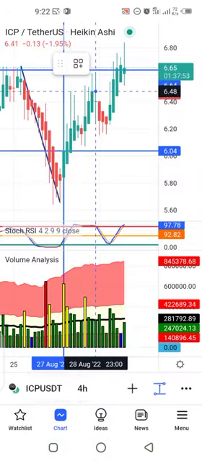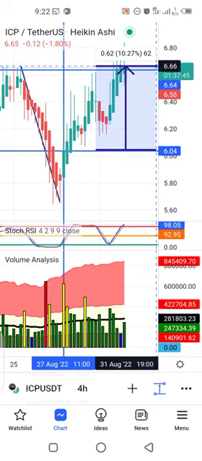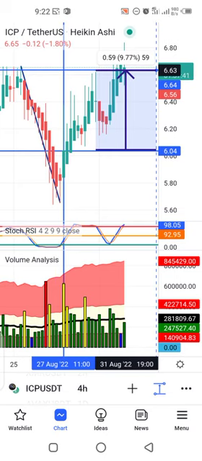Then I press my dot where the first horizontal line started from, to where the downtrend started, and this trade has delivered 9%. What you need to do is just remain patient. It has delivered 9.7%.